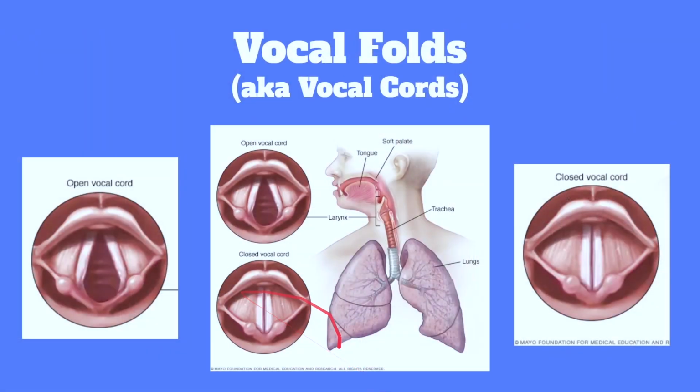It's more like the bow against the string on a violin or a cello or a viola or a bass. The bow going across the string is more like our vocal folds vibrating against each other than like plucking a guitar string. So this is what makes the sound. This is our sound maker.